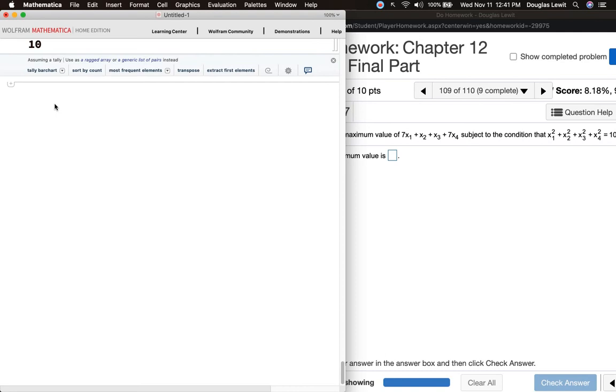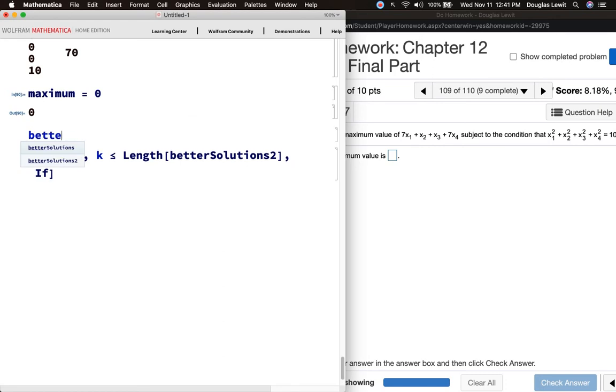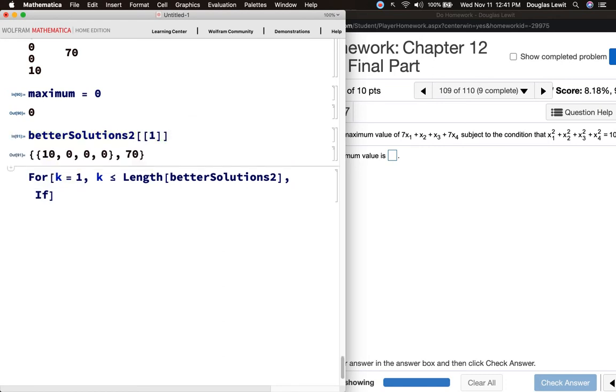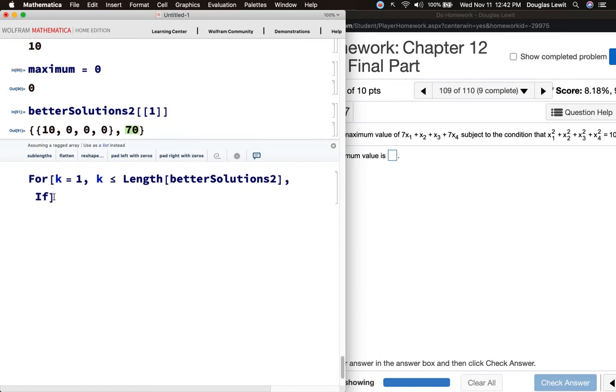So what I could do is I'm going to start with maximum of 0 for k is equal to 1. K is less than or equal to the length of betterSolutions2. Let me just see one thing. Okay, so here's the value of my function.